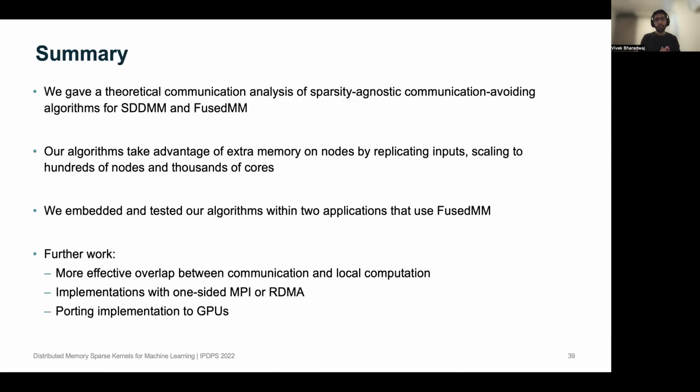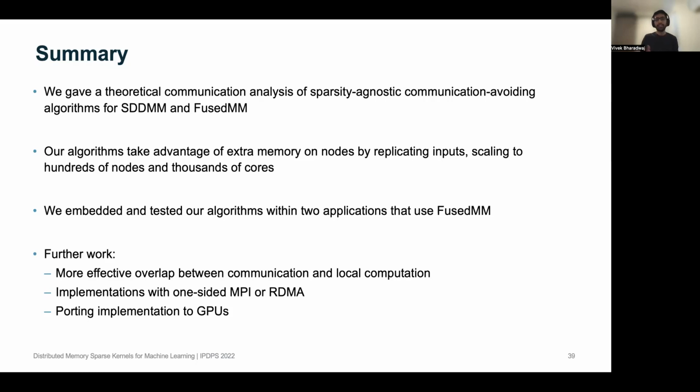So in summary, we gave a theoretical communication analysis of sparsity-agnostic communication avoiding SDDMM and SpMM algorithms, and then gave some strategies to execute FusedMM by eliding communication between both of these kernels executed in sequence. Furthermore, our algorithms can take advantage of replication, scaling to extra memory on the cluster with hundreds of nodes and thousands of cores.